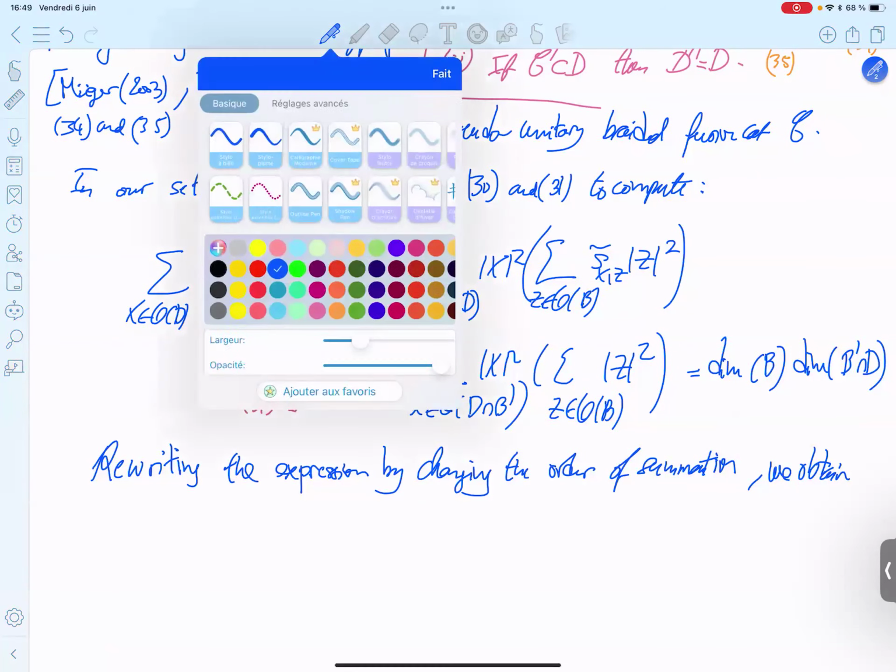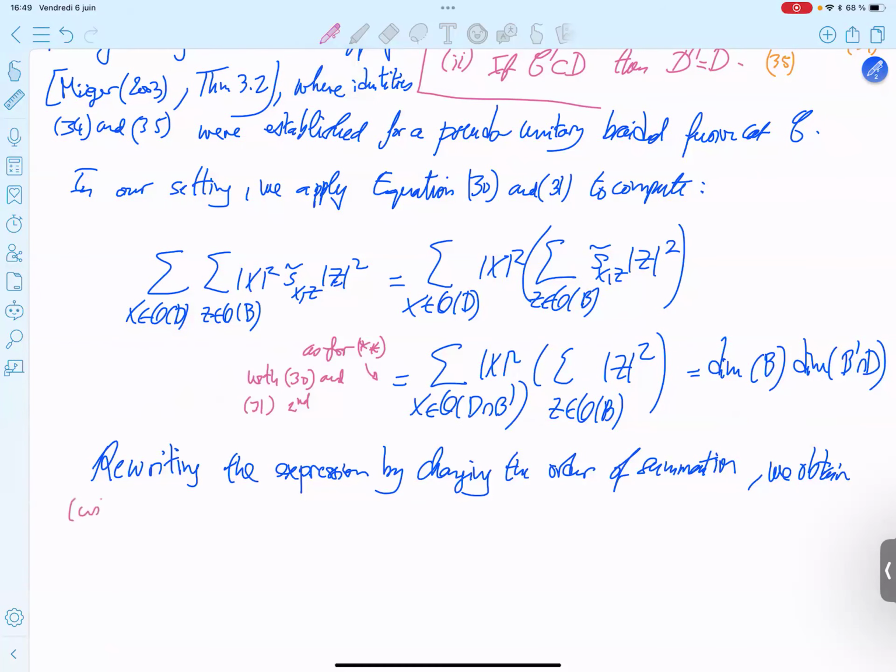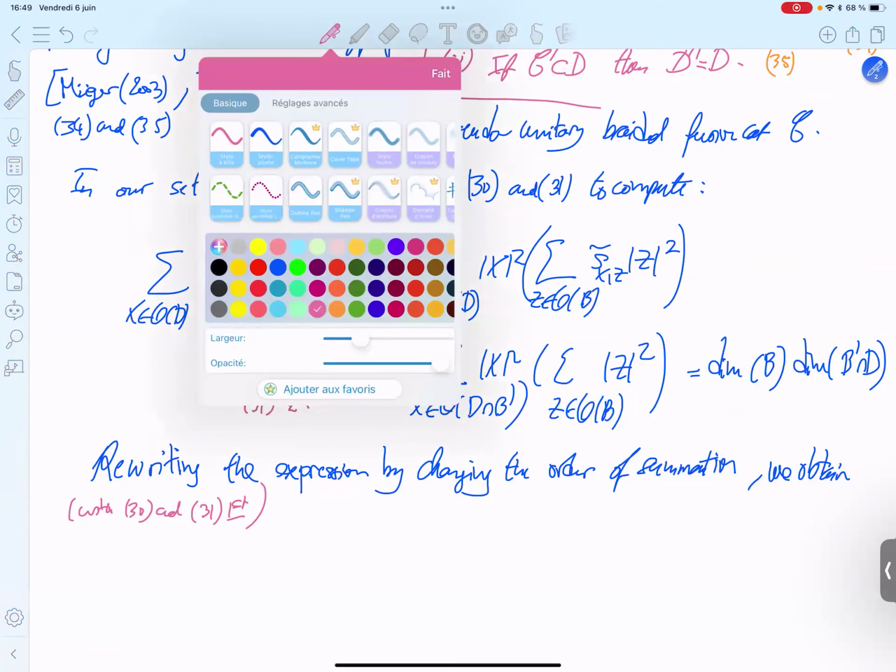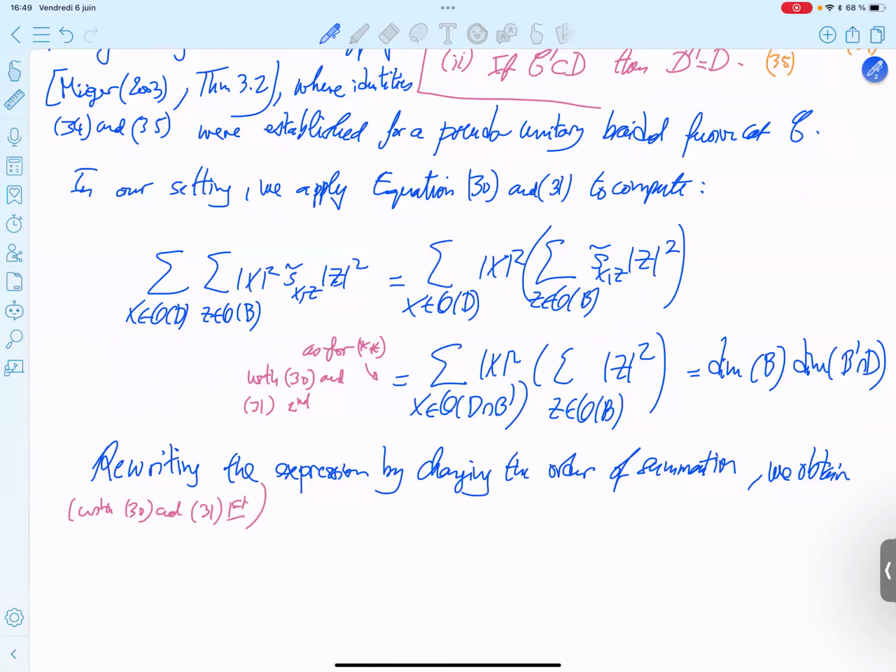so here now, with 30 and 31 first part, we obtain directly something like that. Dimension of D, dimension of B intersection D prime.